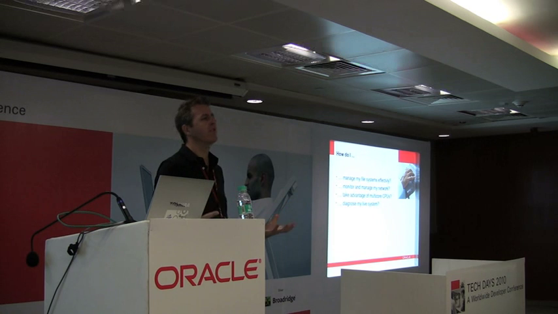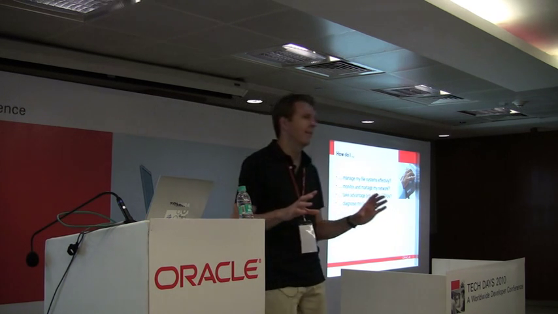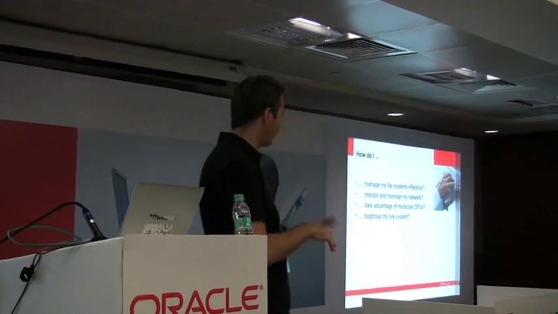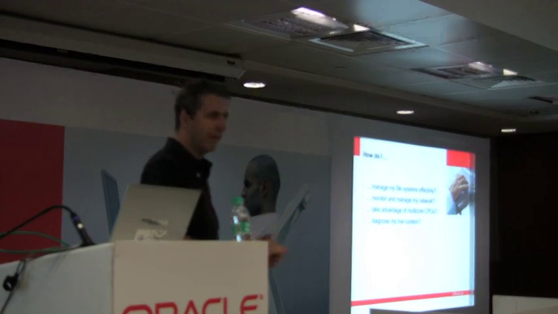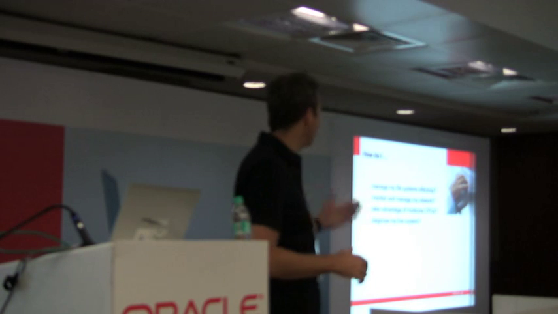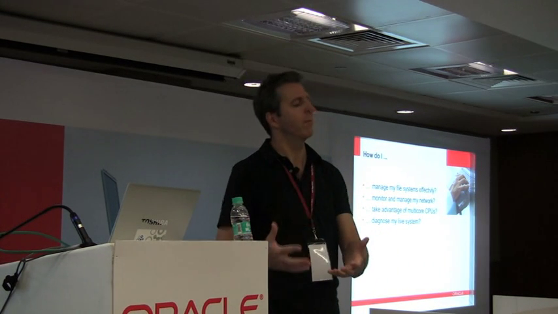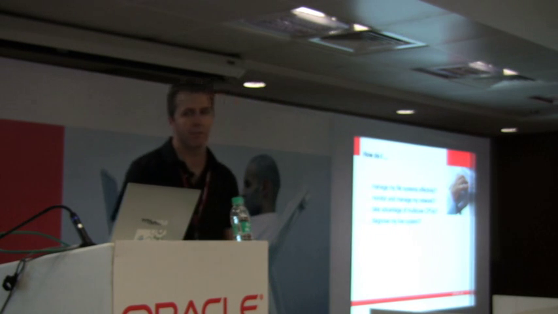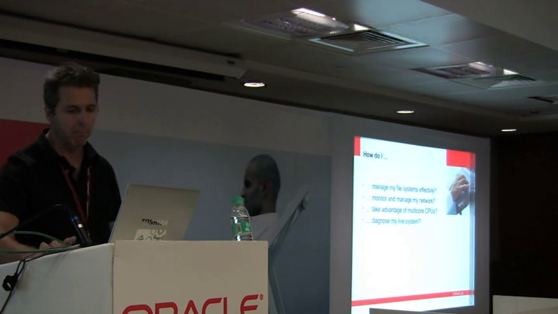But you end up with a machine that has like 512 processors on it, a single box. What do you do with all that horsepower? How do you take advantage of that? And so I'm going to talk about the zones technology in Solaris, and then finally diagnosing your live system. So if you've got a system up and running, how do you observe what's happening? And so we're going to look at DTrace a little bit.